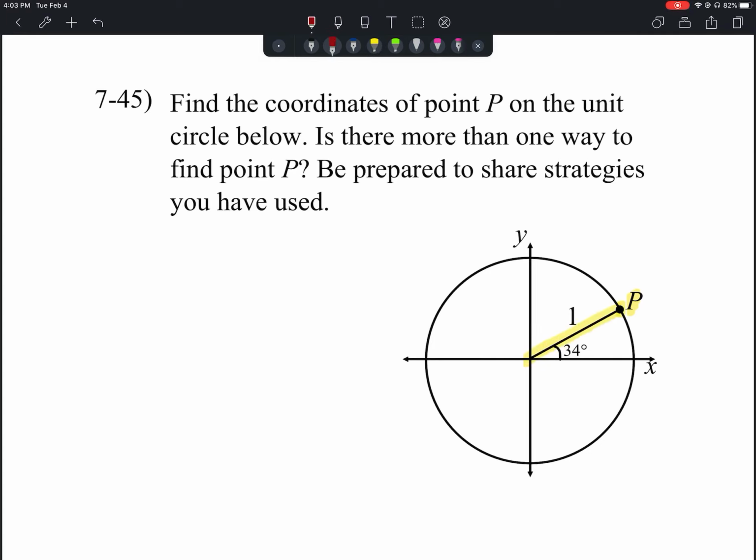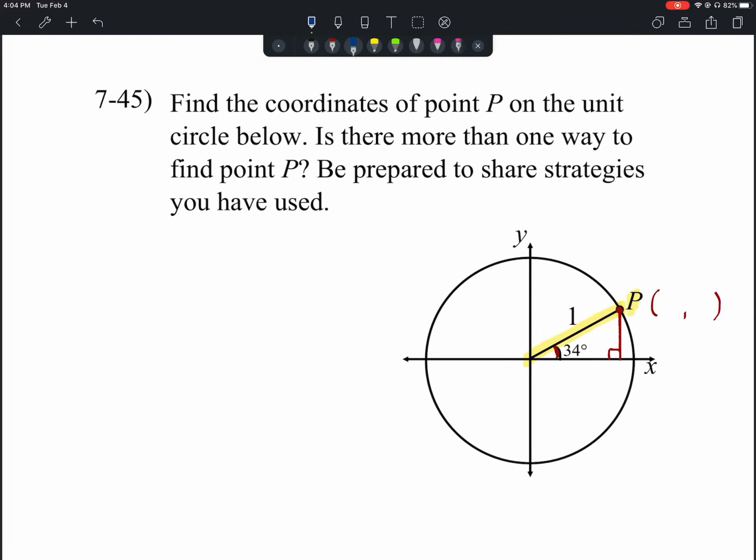And we know here that this angle inside of here is 34 degrees. Now, if we're trying to find the coordinates of P, we need to figure out its x coordinate and its y coordinate. So as we look at this here, if I drop an altitude down from our point P straight down to our x-axis, you'll see that we have a right triangle formed.